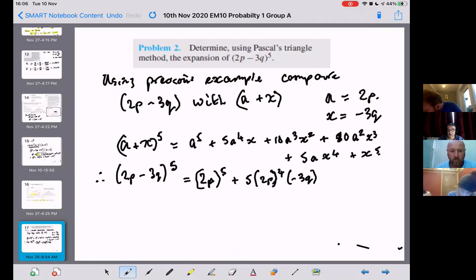Yeah, all follow that? So that's the second term. The third term is going to be 10 times 2p to the 3 times minus 3q to the 2.